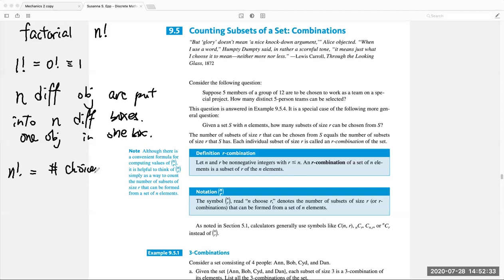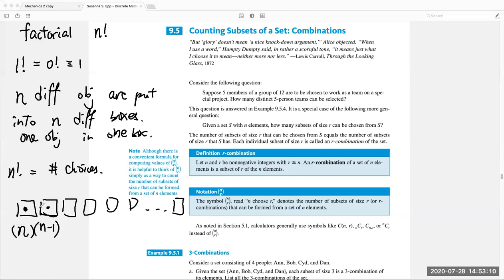So how can we understand this one? Let's say there are n boxes. For the first box, you have n choices because you haven't put any objects inside yet, so you can choose any one of these n different objects. After you have put one object in this box, for the second box you can only choose from n minus one objects. So the number of choices is n times n minus one, times n minus two, and up to one.